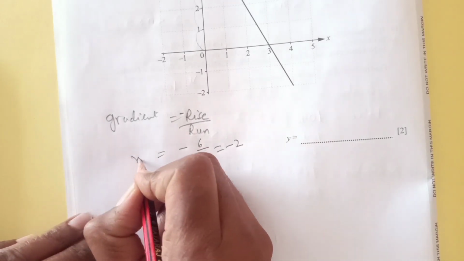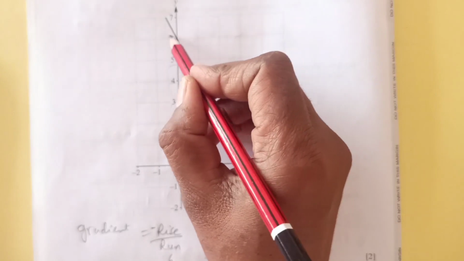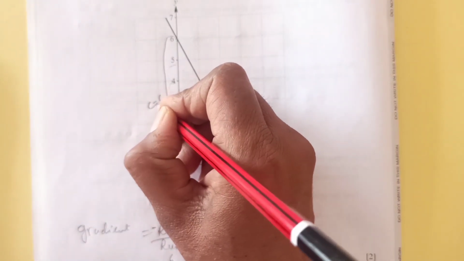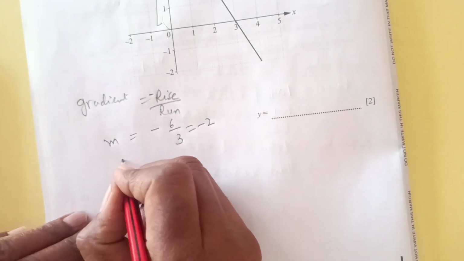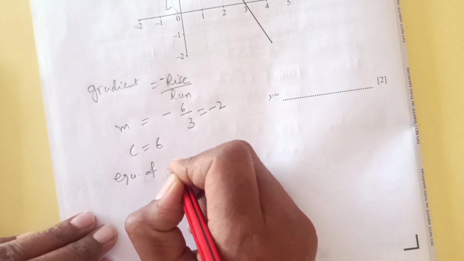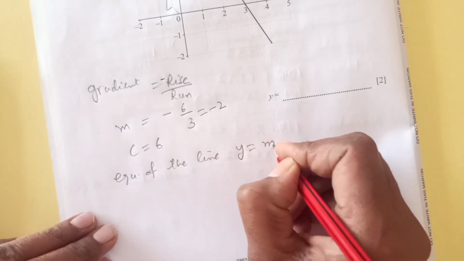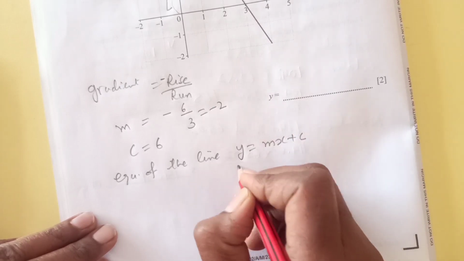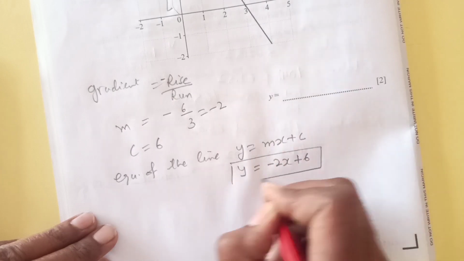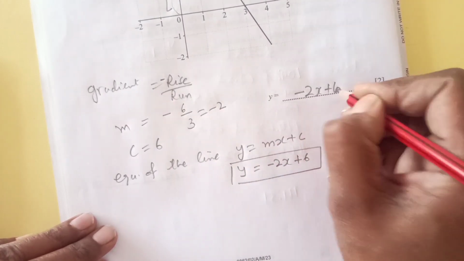So that's our gradient. Now for the equation, it intersects at point C, so this is the y intercept, right? So that means the value of c is 6, which is the y intercept. So the equation of the line is y equals mx plus c, y equals negative 2x plus 6. That's the final answer, right?